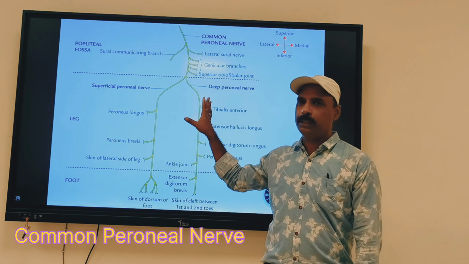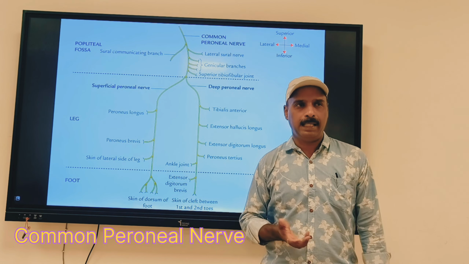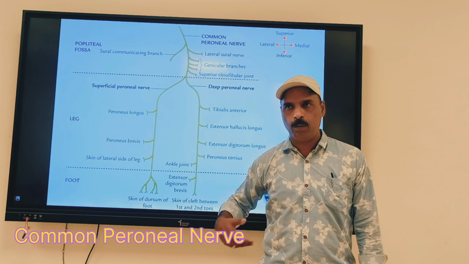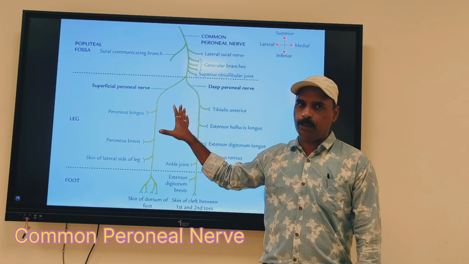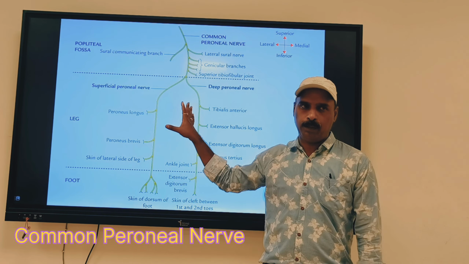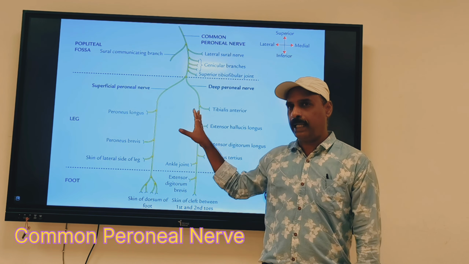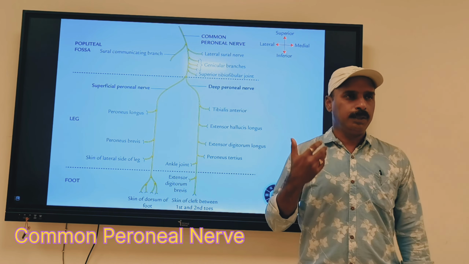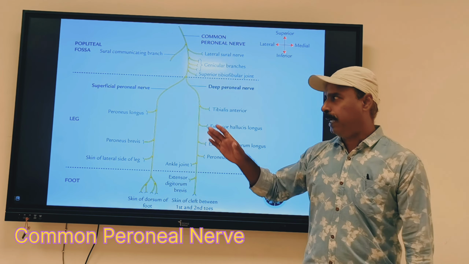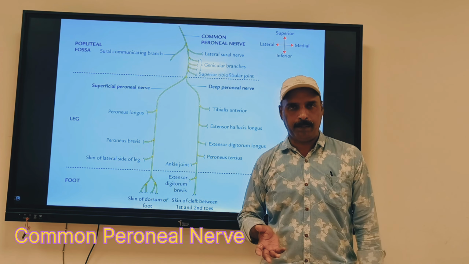You have to remember that compression of the sciatic nerve causes sciatica, with shooting pain along the course and distribution of the nerve. Understand which areas or muscles of the leg are supplied by the sciatic nerve branches, tibial and common peroneal.